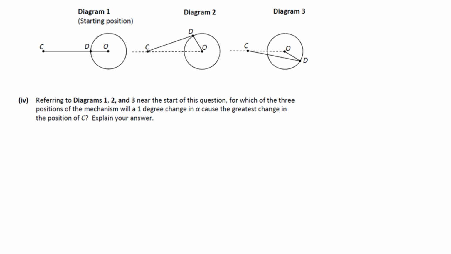So the next part, I've just put the diagrams from the start of the question because they're going to talk about that here. Referring to diagram 1, 2, and 3 near the start of the questions, for which of the three positions of the mechanism will a 1 degree change in alpha cause the greatest change in position of C?